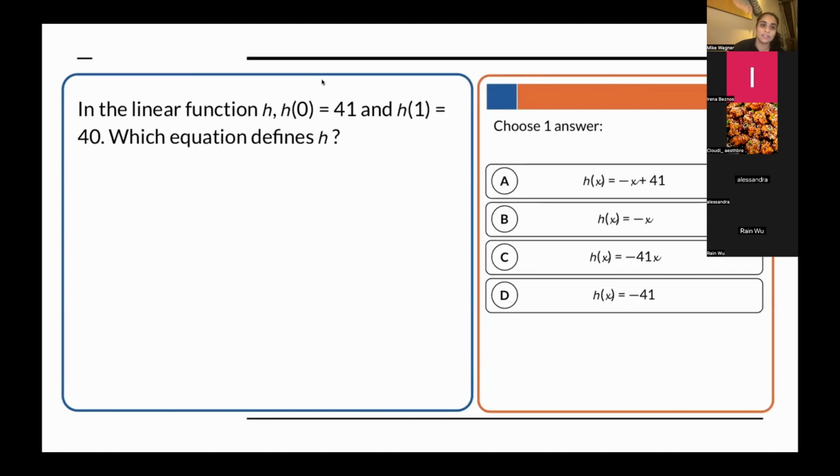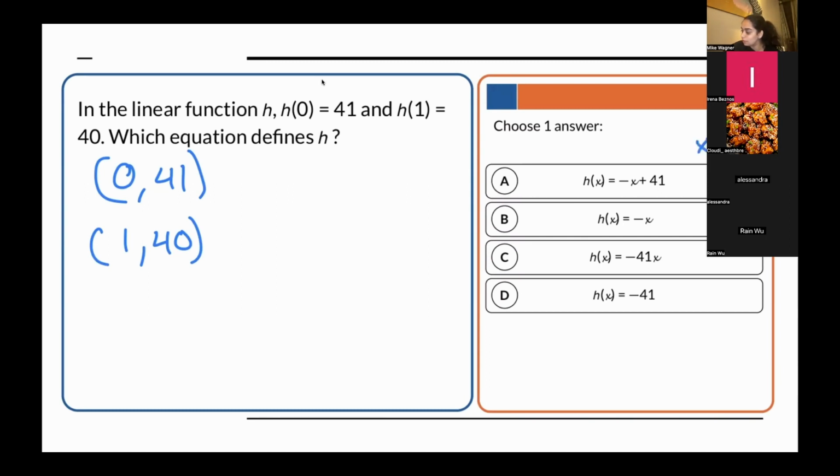So for the linear function h of 0 equals 41, you can quickly write 0 comma 41. And the second one is 1 comma 40. These are both points on the line. And since we're looking to solve this in under 90 seconds, in my opinion, the best thing to do is to take the x value, 0, and see if 41 comes out in each option.